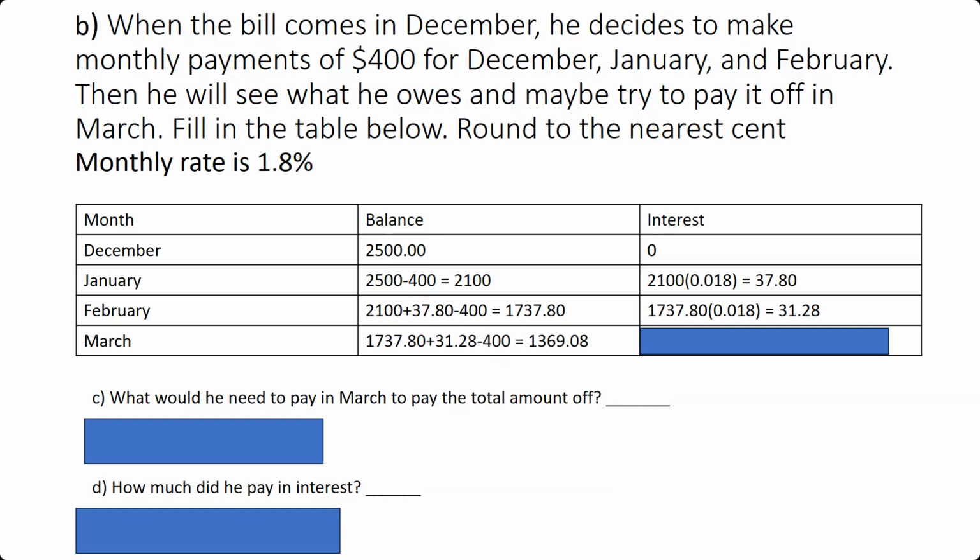And we got 1369. For the interest then, 1369 times the rate as a decimal, 24.64.